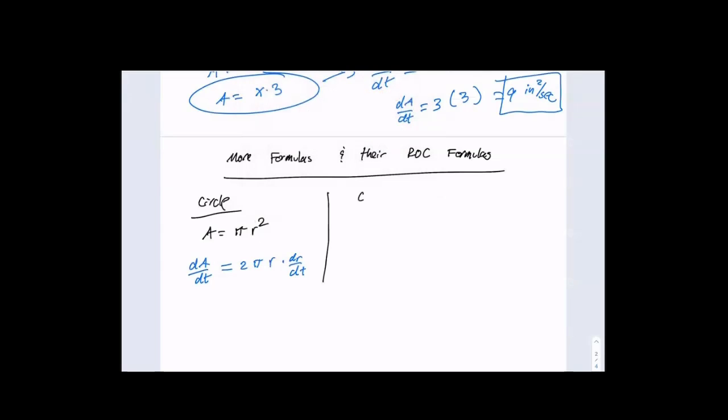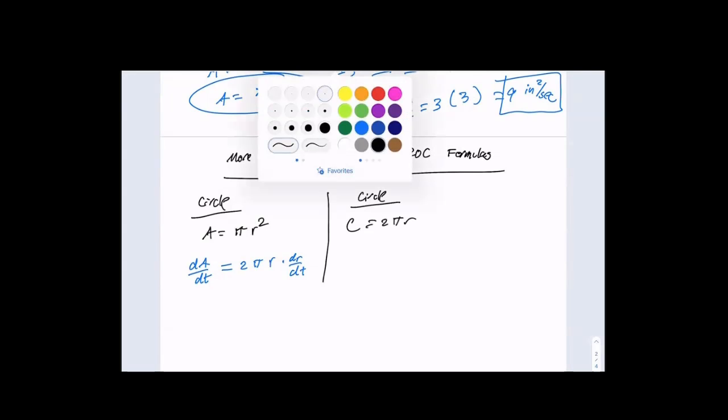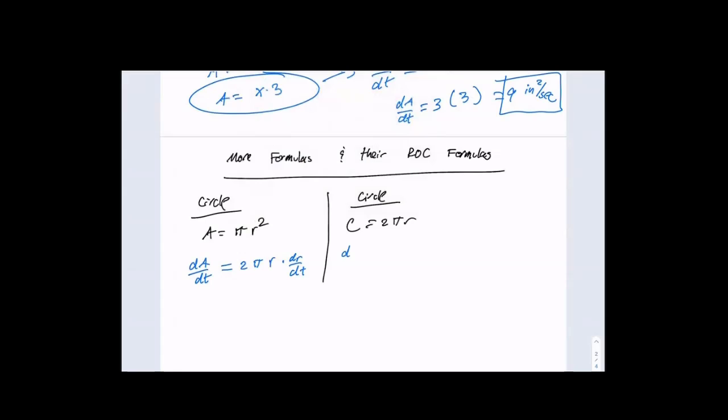Let's do another circle one. Circumference equals 2 pi r. dC dt is... Is it the same thing?